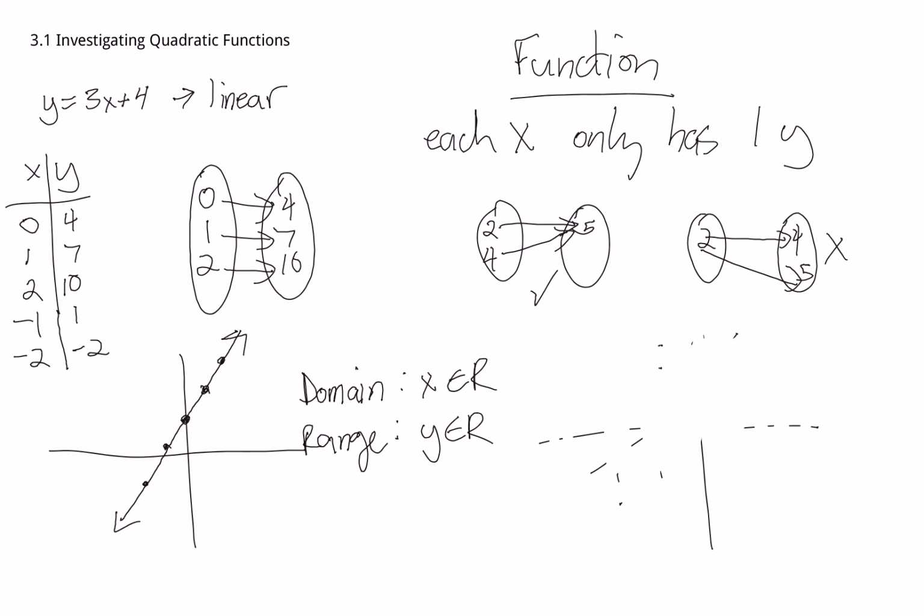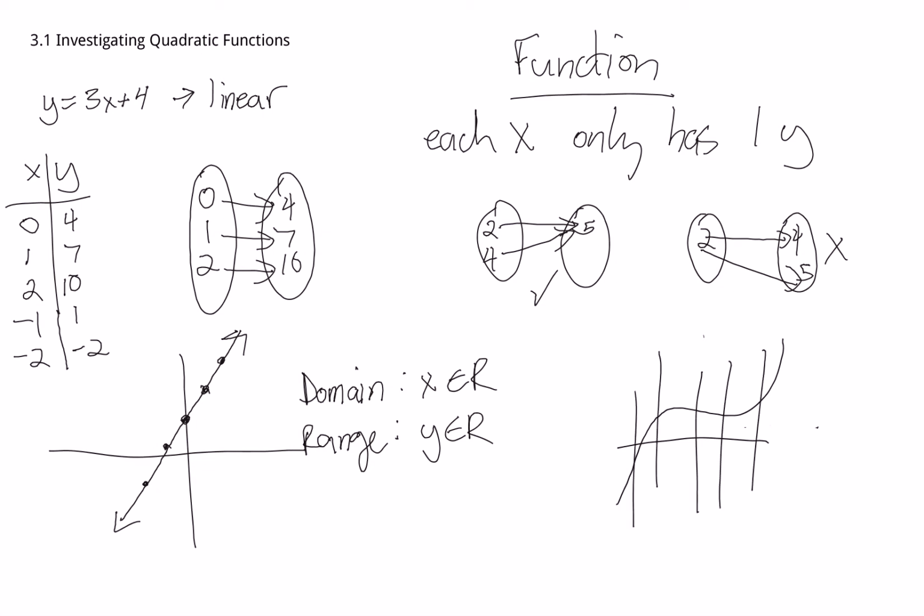So let's draw another one here, and we'll decide whether they're functions or not. So if I gave you a graph, and let's suppose it was a weird shaped graph, something like this, we'd say, is that a function? Yes, because anywhere we touch this line vertically, it's only going to be in one spot. So it doesn't matter how we draw them, that would be it.